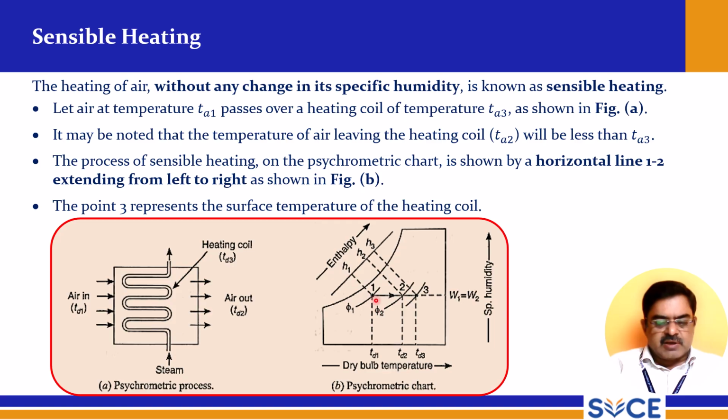The enthalpy scale is drawn here, and when we project onto the enthalpy line, we get H1, H2 as well as H3. So this is Ta1, Ta2 and Ta3. Ta3 is the heating coil temperature, and this is the usual psychrometric chart that we have discussed in earlier topics also. So that is shown separately here.